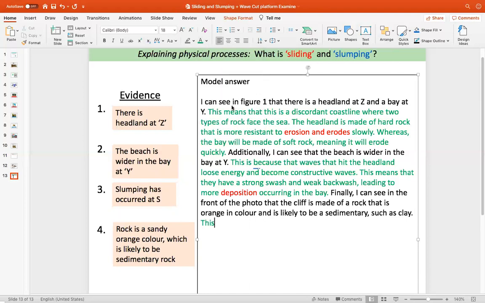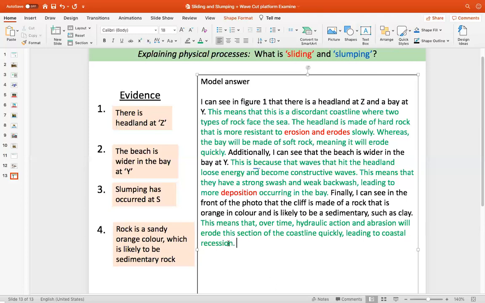Explanation. This means that over time, hydraulic action, getting some different physical processes, and abrasion will erode this section of the coastline quickly, leading to coastal recession. Coastal recession being the moving backwards or inland of the cliff, okay?